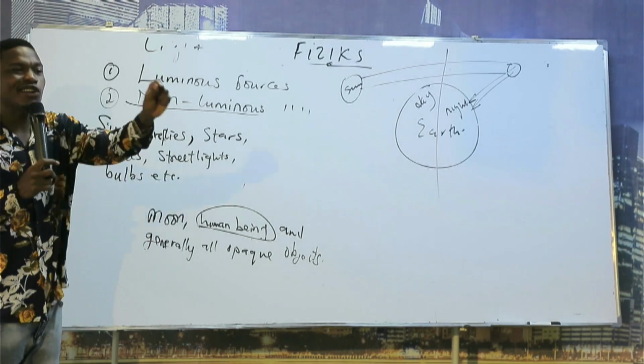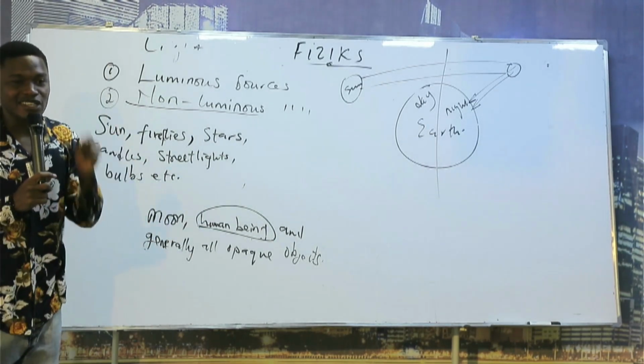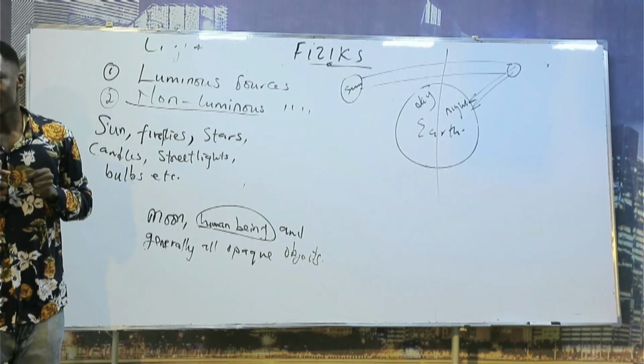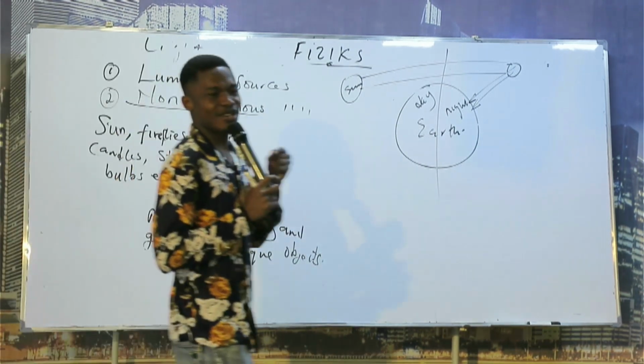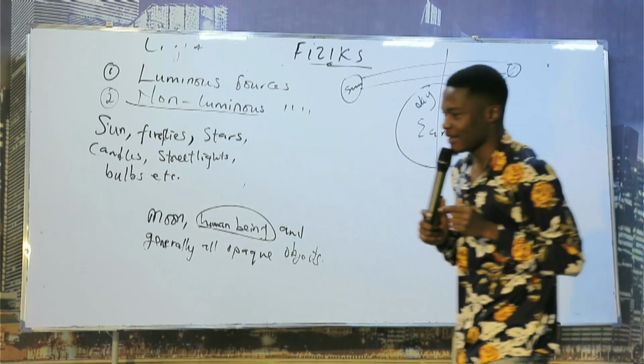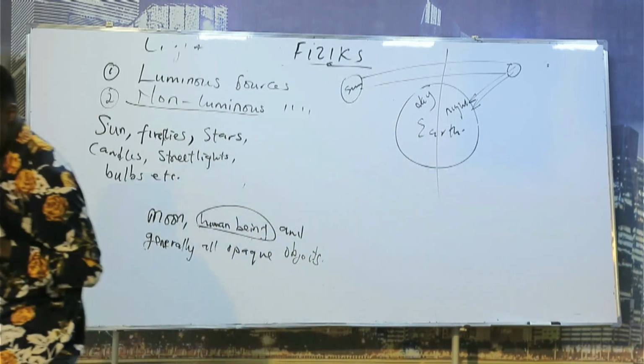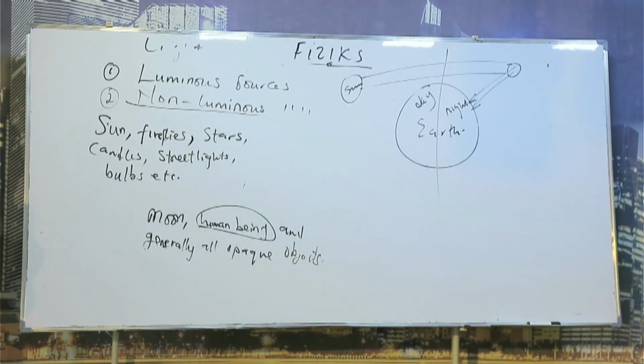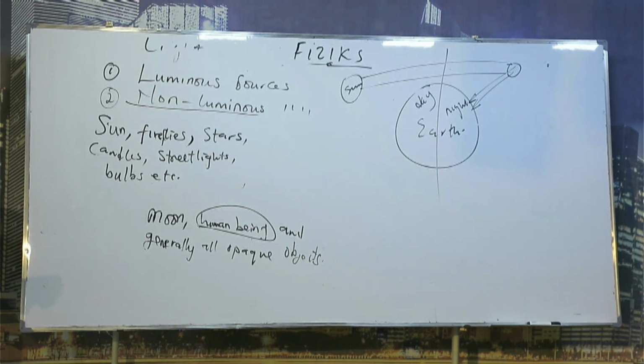Which kind of light are we? Not spiritual light. If I ask you, are you a Christian? What would you answer? Yes. Good. If you are a Christian, your life should show that you are a Christian.